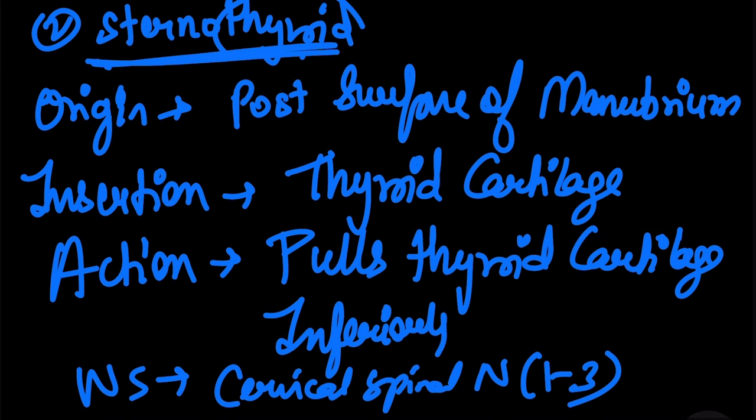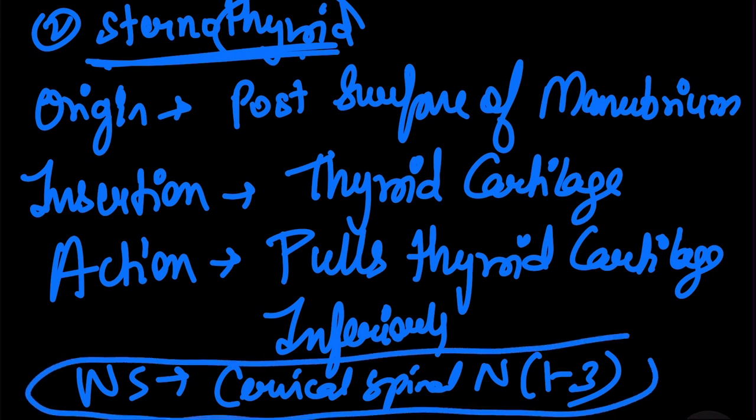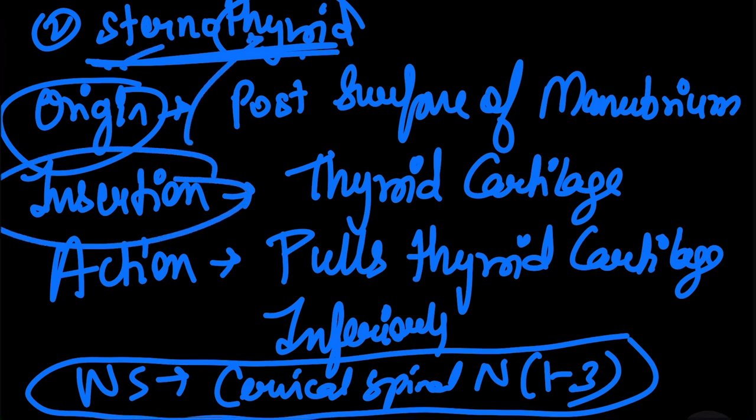Okay. So this is the complete easy to learn part. Nerve supply is copy cut paste. Origin is from sternum as the name suggests. Insertion is from the name as the name suggests. Only you need to remember is its action. Now we have the omohyoid part. Omohyoid.